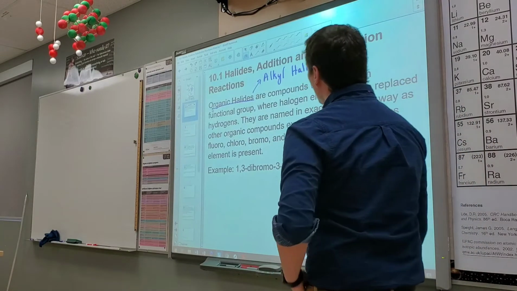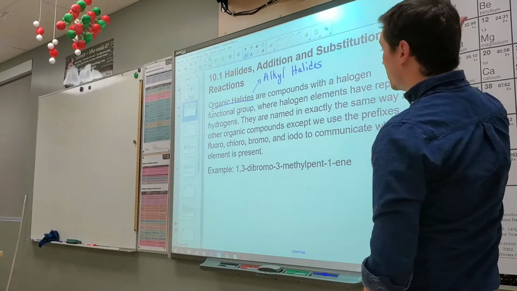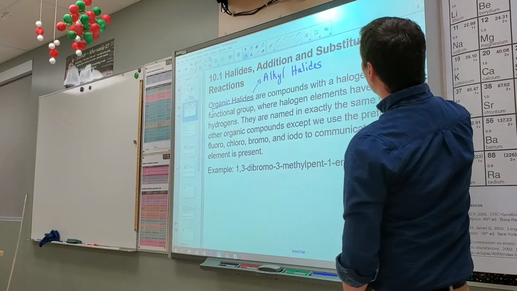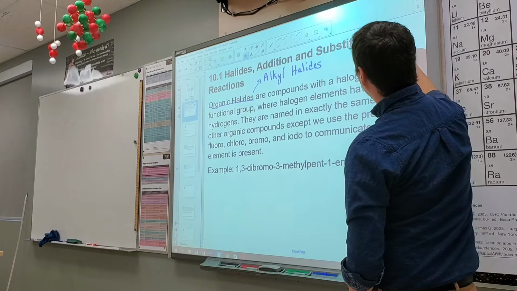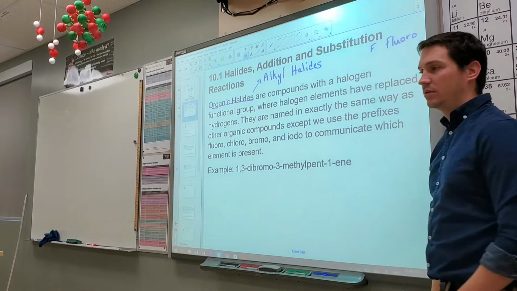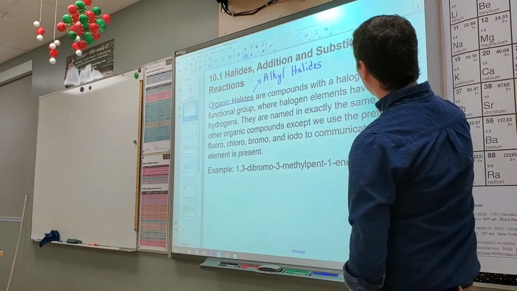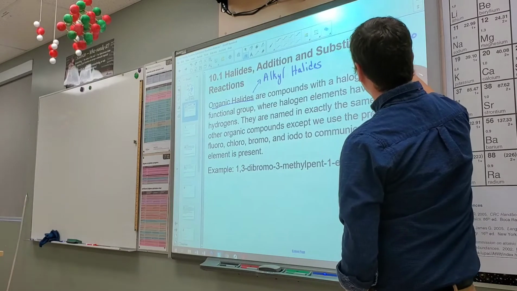So we are going to just off to the side, you should have a little bit of room in the margin of your page. When you have an F group, we call that a fluoro group. They all end in O. So what do you think Cl is going to be? Chloro, yeah, good.